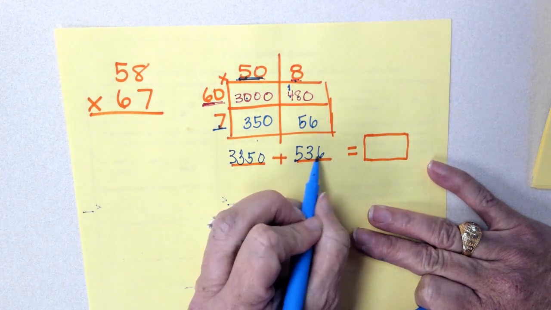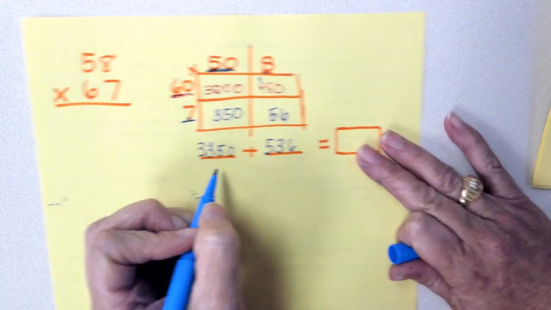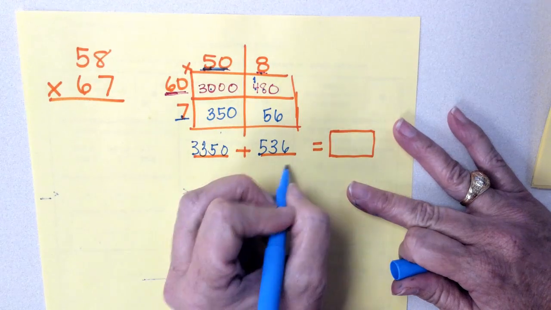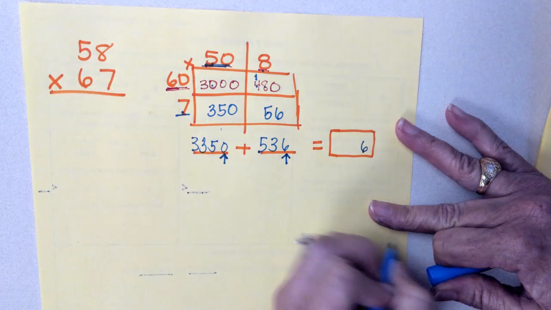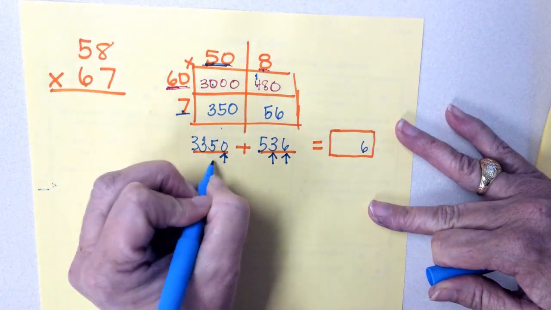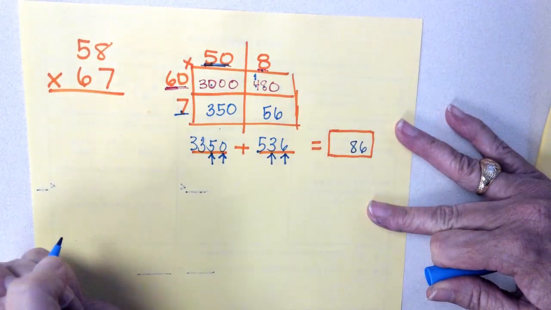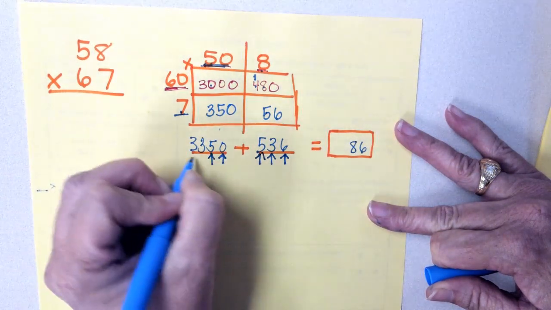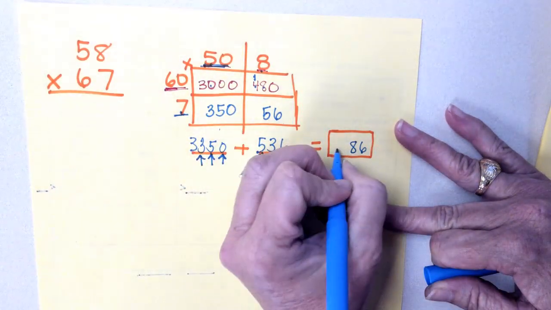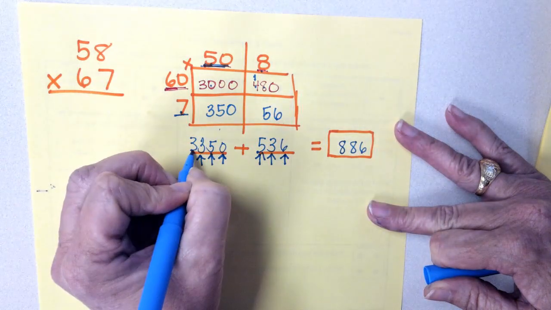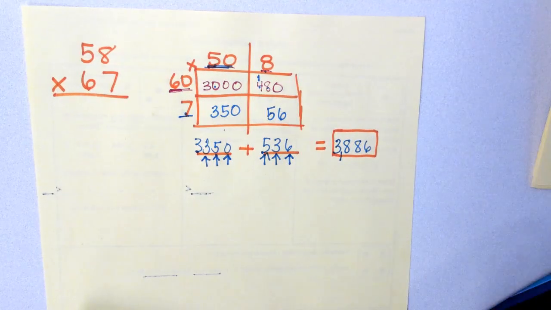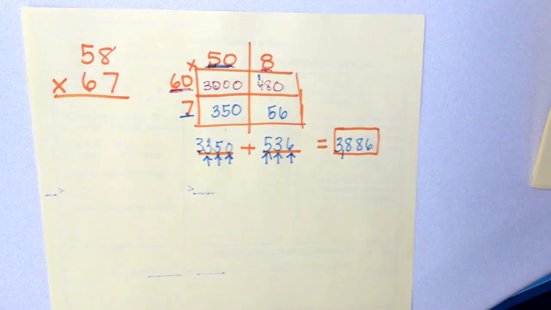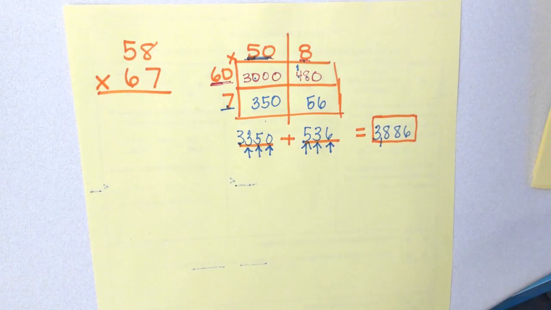And then all I need to do is add these to get my final product, which is going to be 6 plus 0 is 6. 3 plus 5 is 8. 5 plus 3 is 8. And 3 plus nothing is just going to be 3. So 3,886.